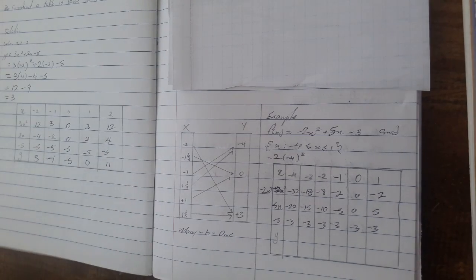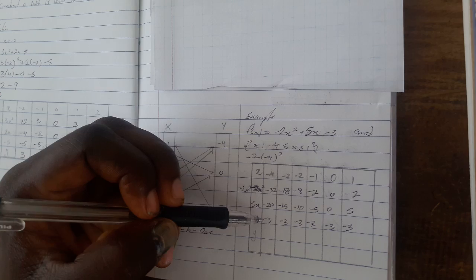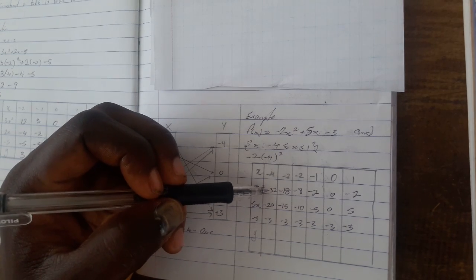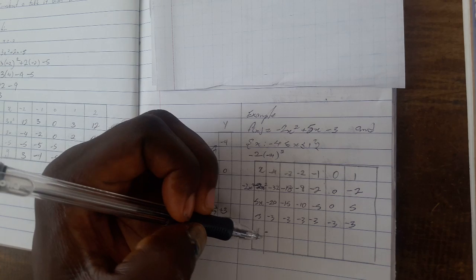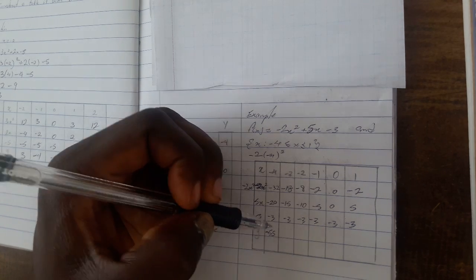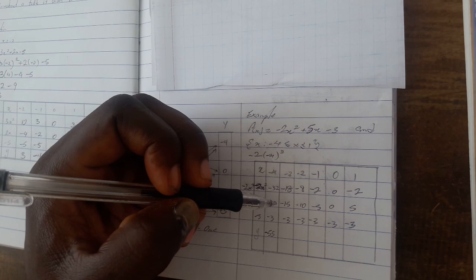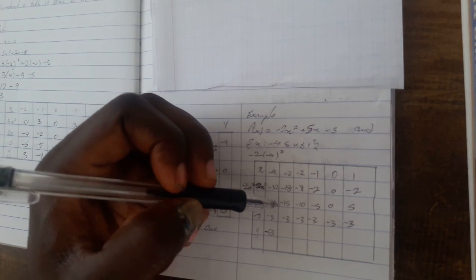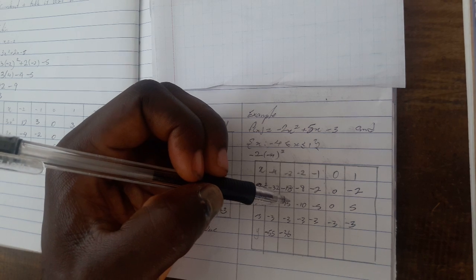So let's get the values. Minus 3 minus 20 and minus 32 will give us minus 55. Minus 3 minus 15 minus 18 will give us minus 36.